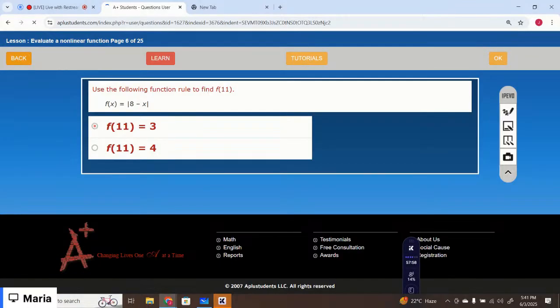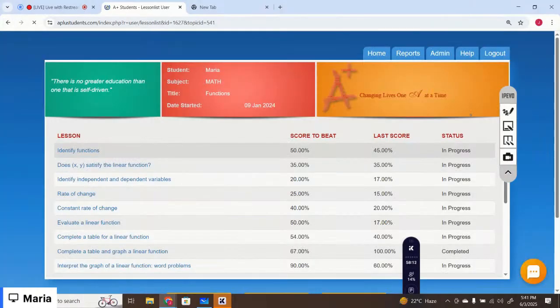So we were working on grade math. The chapter we were working on is functions.